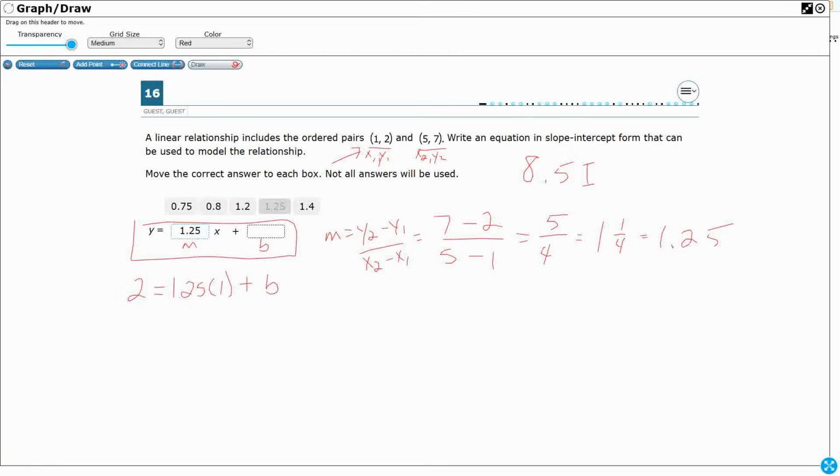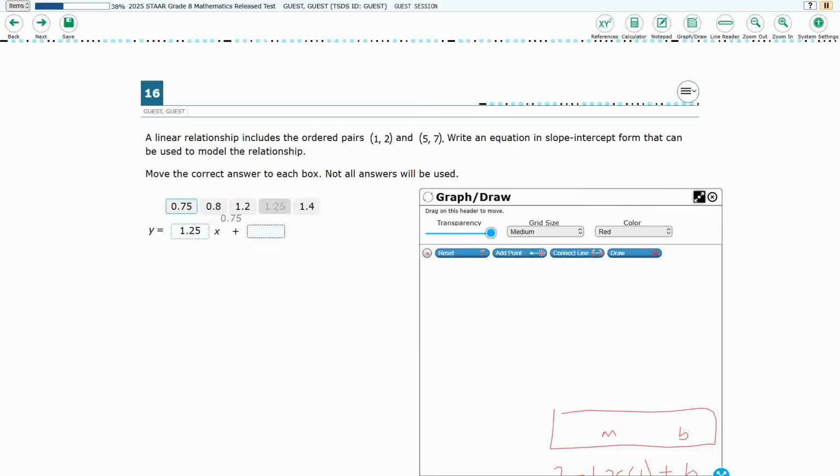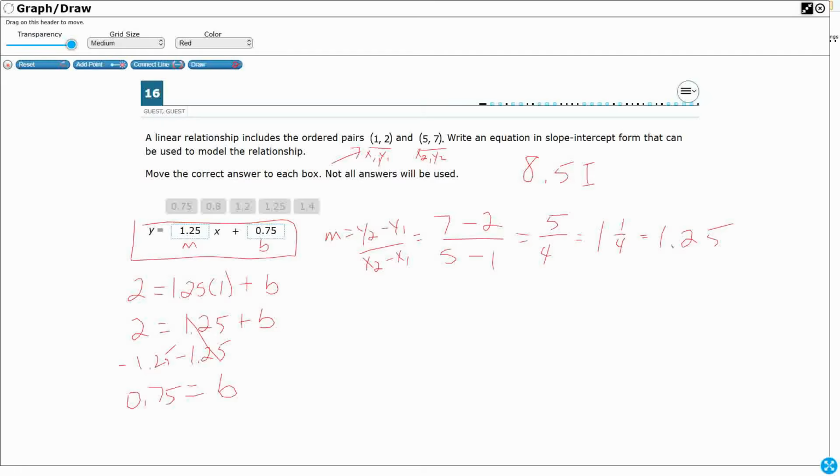And then I'm going to solve for b. So 2 equals 1.25 plus b. Let's just subtract 1.25 from both sides. And that's going to get us 0.75 equals b. All right, so if you wanted to plug in the other numbers, you would have gotten the exact same answer. That's also going to work.